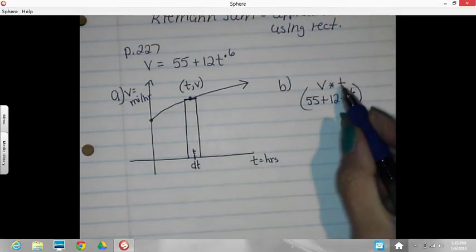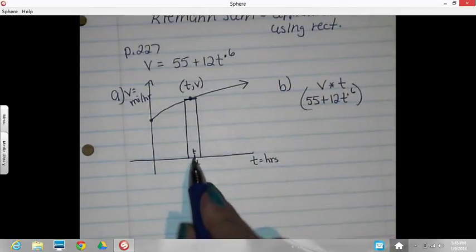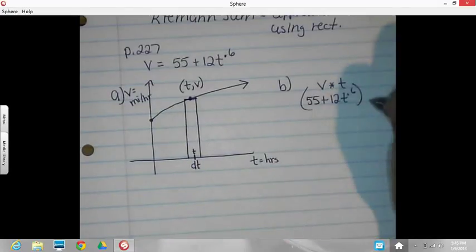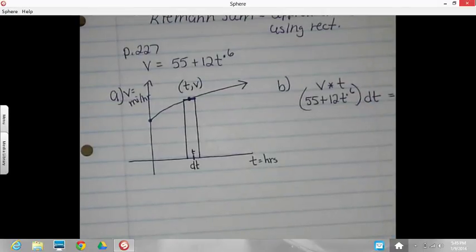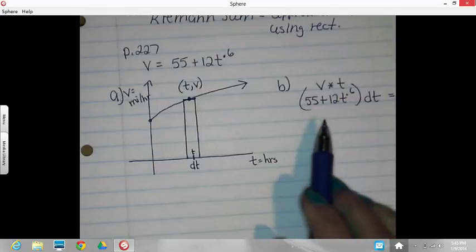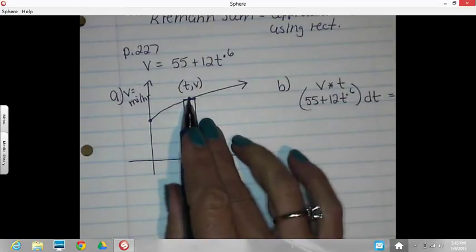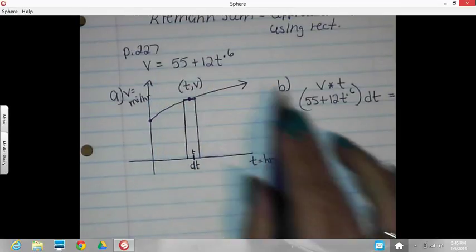My time is this distance across here, which I've defined as dt. It's all the way through this whole strip. And they're calling that my distance traveled. And the distance traveled, they're calling dy. So, just replacing the height of my rectangle with my velocity, because that's what it is, and then the width of my rectangle is dt.